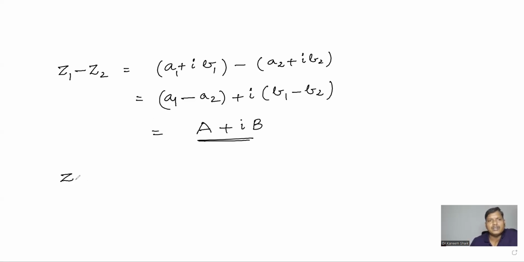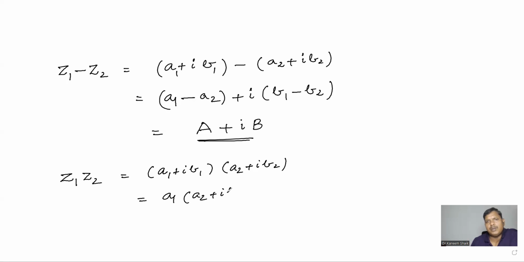We'll do multiplication. Z1 Z2. Z1 is A1 plus iota B1 into Z2, which is A2 plus iota B2. Can I write it as A1 into A2 plus iota B2, plus iota B1 into A2 plus iota B2, by using the FOIL method?